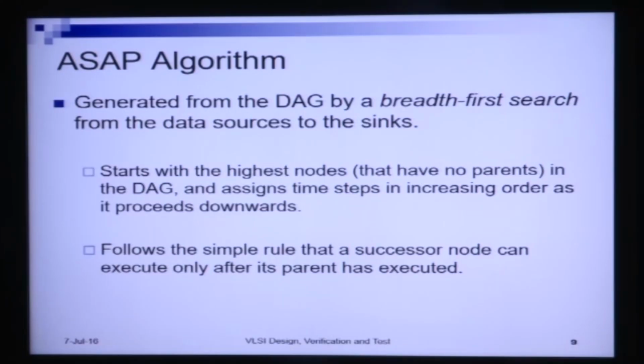After we have scheduled the independent operations, a few more nodes become independent and ready for scheduling, and we schedule all the ready nodes available at a particular time step to that step. So it follows the simple rule that a successor node can execute only after its parent has executed.